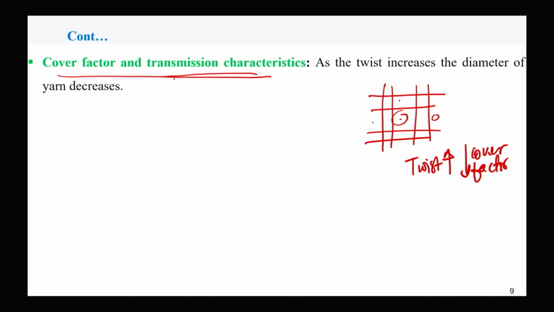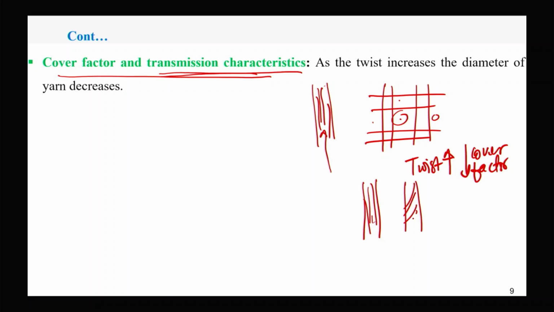But as far as liquid water transmission, the transmission depends on the capillary channel, and a straight capillary channel will actually enhance the speed of transmission. Ideally, say there is a zero twisted yarn, another is a twisted yarn, and a third one is a very high twisted yarn.